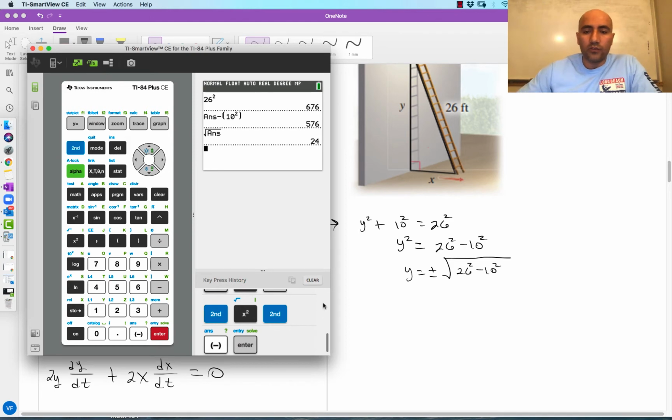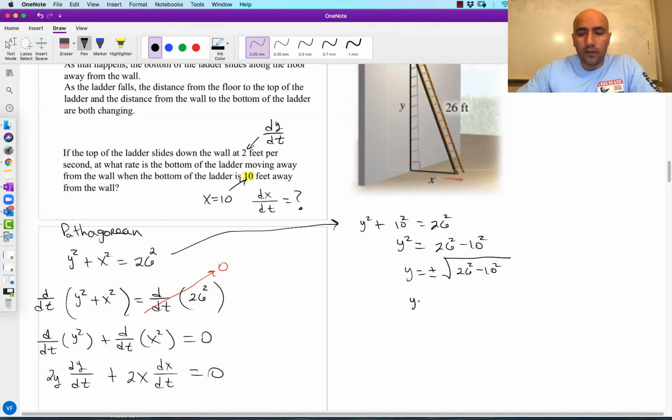So y equals plus or minus 24 from the math, but we know from our picture that y can't be negative, right? y is a distance, so we don't want the distance to be negative. So we're going to ignore the negative. And so y equals 24.